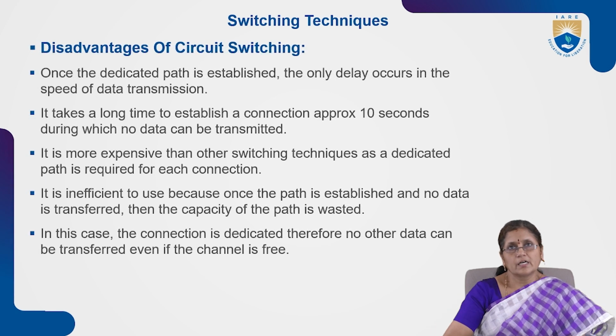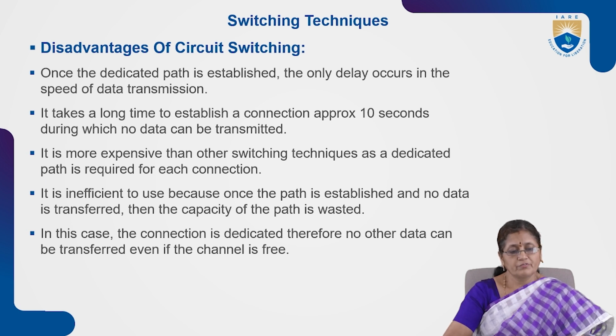There are several disadvantages of circuit switching. Once a dedicated path is established, the only delay occurs in the speed of data transmission. It takes a long time to establish a connection, approximately 10 seconds, during which no data can be transmitted. It is more expensive than other switching techniques because a dedicated path is required for each connection.